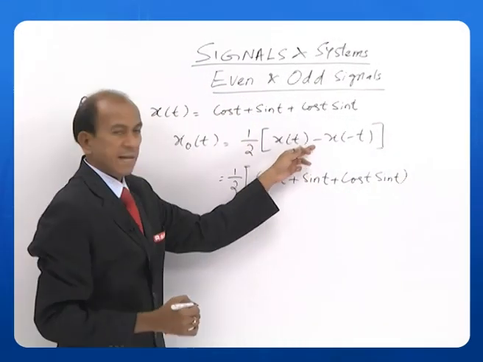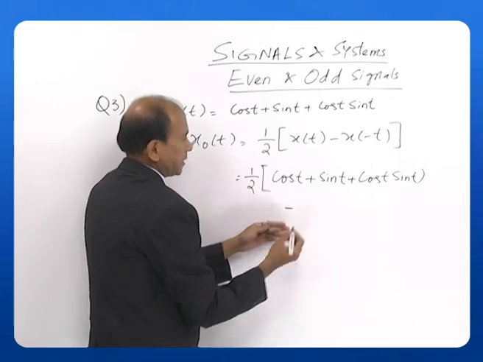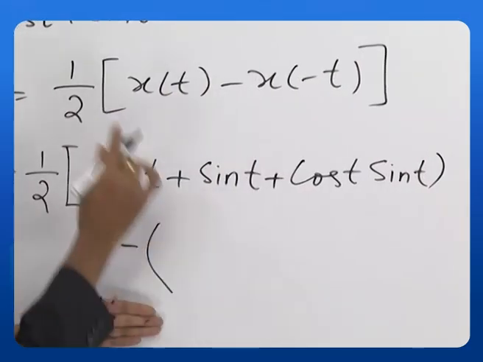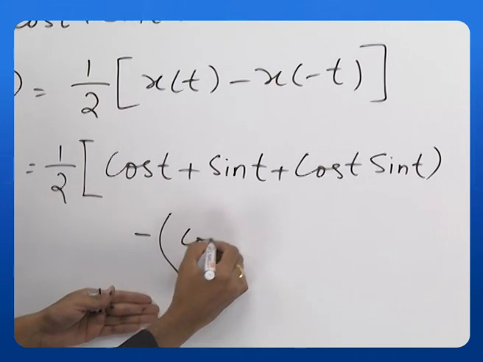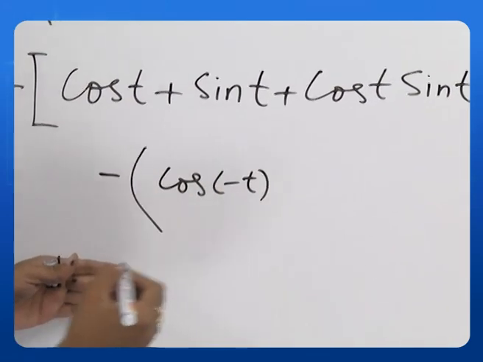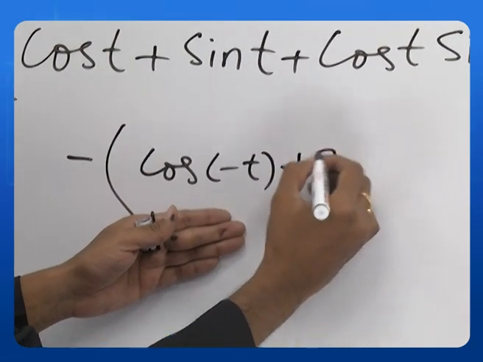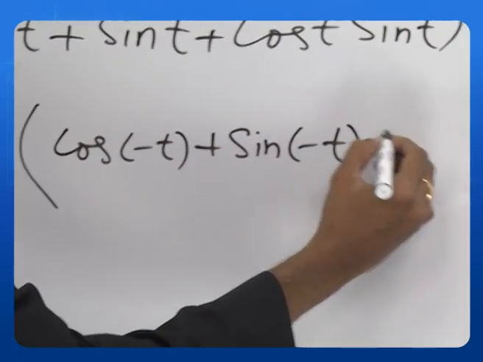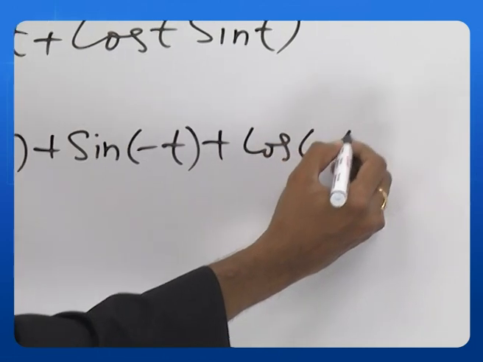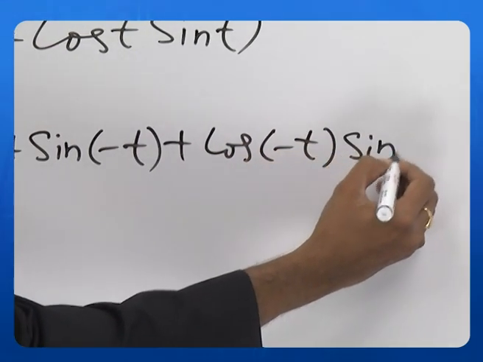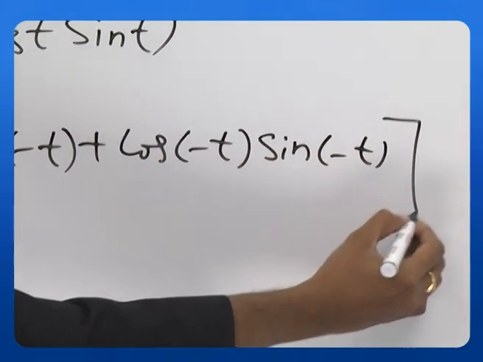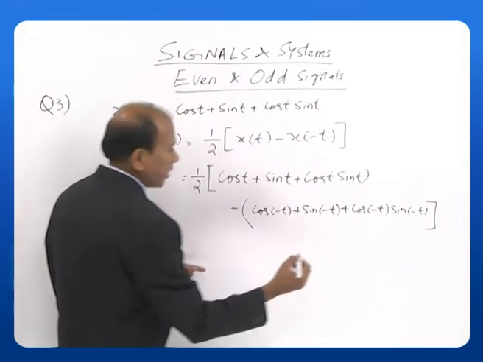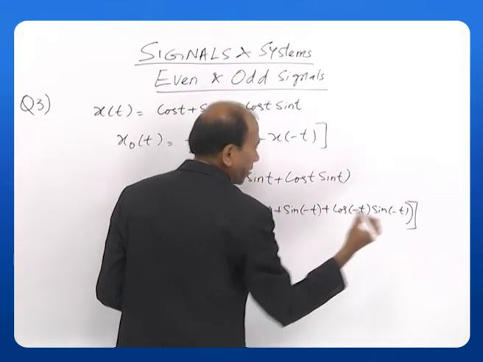Okay. Minus cos of minus t plus sin of minus t plus cos of minus t sin of minus t. The whole thing we will put in a bracket.